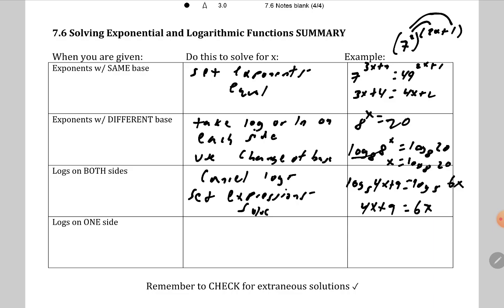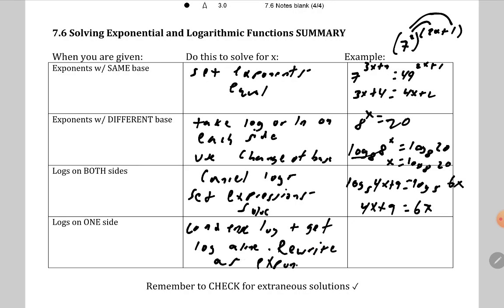Logs on one side: condense logs, get log alone, and then rewrite as exponent.